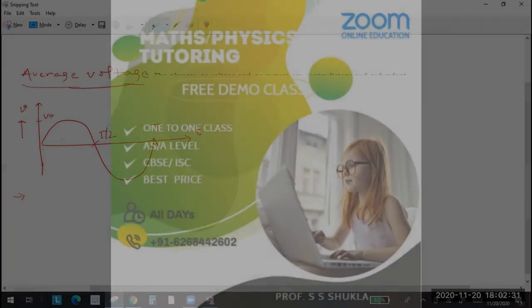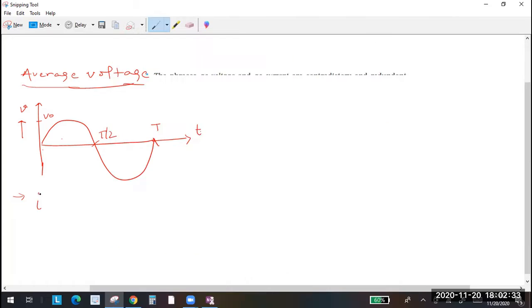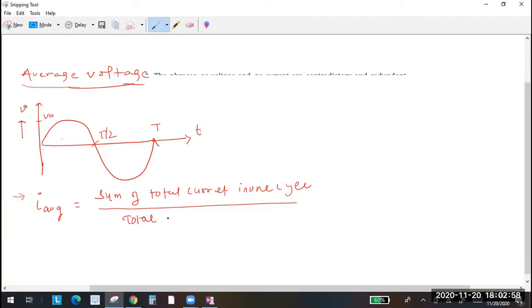From biology, you have to just mug up this step, how to find out this thing. I'm going to tell you I average. I average is basically the sum of total current in one cycle over the total time of one cycle.